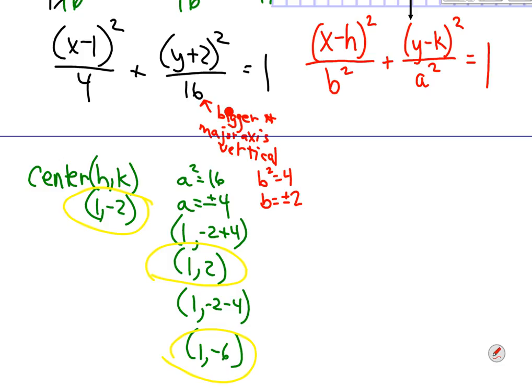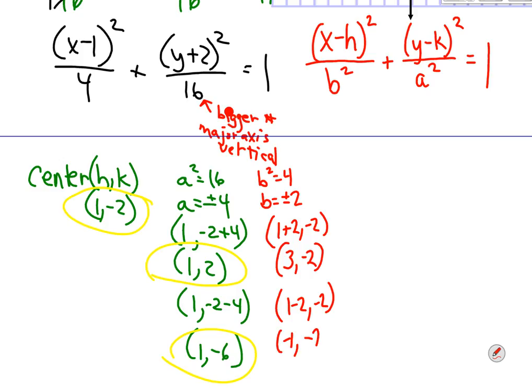Left and right. And so I'll keep this one at 1 plus 2 comma negative 2. And the other one will be 1 minus 2 comma negative 2. And then that's 3 comma negative 2 and negative 1 comma negative 2.